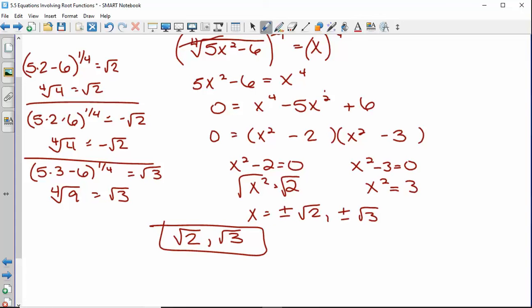So this is not actually set to be due until Tuesday. Monday I'm going to do a few more examples and then hopefully get you a little more class time to work. However, you can get started on this. Like I said, right now you already know how to do 1 through 6, 12, and 13. So it's just a few in the middle that we haven't done a similar problem yet.